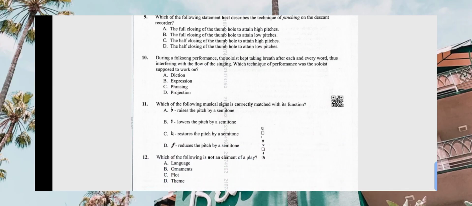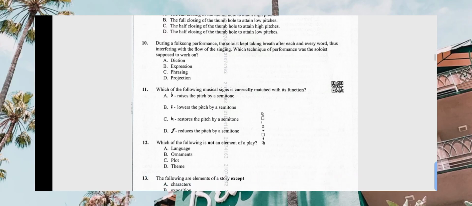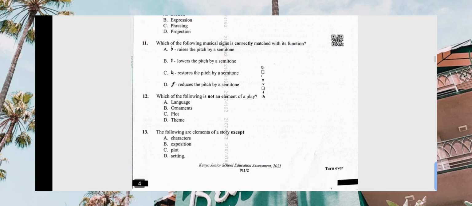During a folk performance, the soloist kept taking a breath after every word, thus interfering with the flow of the song. Which technique of performance was the soloist supposed to work on? Diction, that one is not taking the breath. Expression, phrasing, projection. So we go to phrasing. Correct is C. Which of the following musical signs is correctly matched with its function?